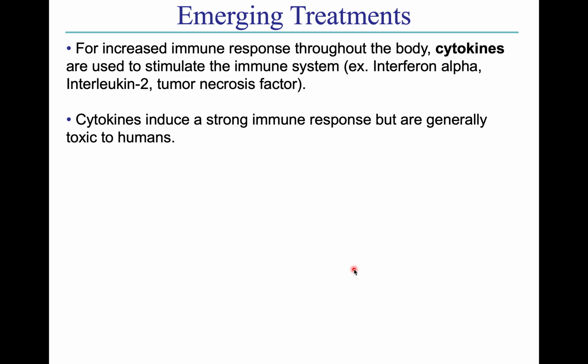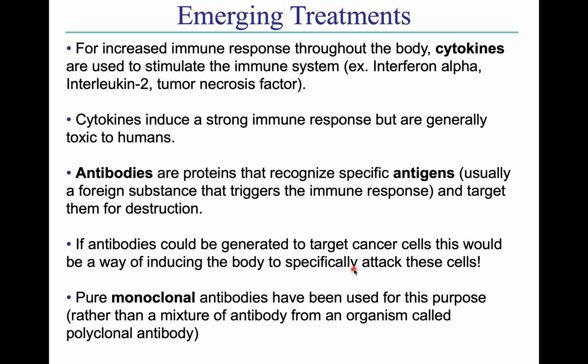You've heard that a lot in association with COVID-19, which is basically where your body is producing too much cytokine signaling, and that's causing your immune system to overreact and start attacking your body's own tissues. So cytokines can be useful in terms of boosting an immune response, but they have to be used very sparingly to try to avoid that type of overreaction.